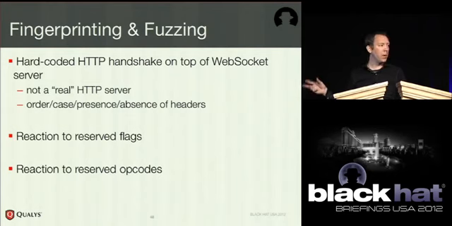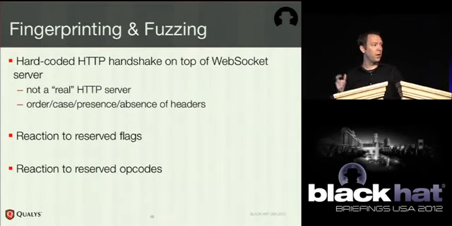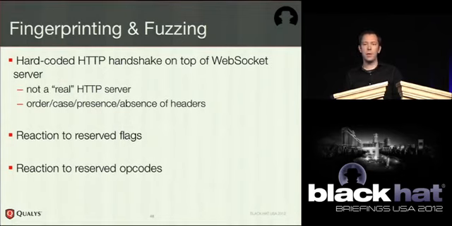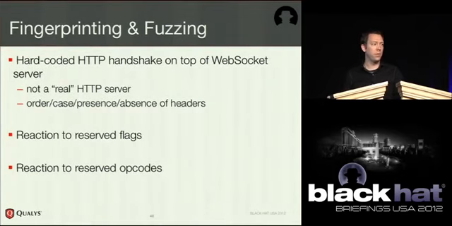And for all of those spots where your sources of entropy are for covert channels, the masking, variable length, reserved flags, those are also great points for fuzzing, just to see how that server responds to these in terms of its RFC compliance or capability.